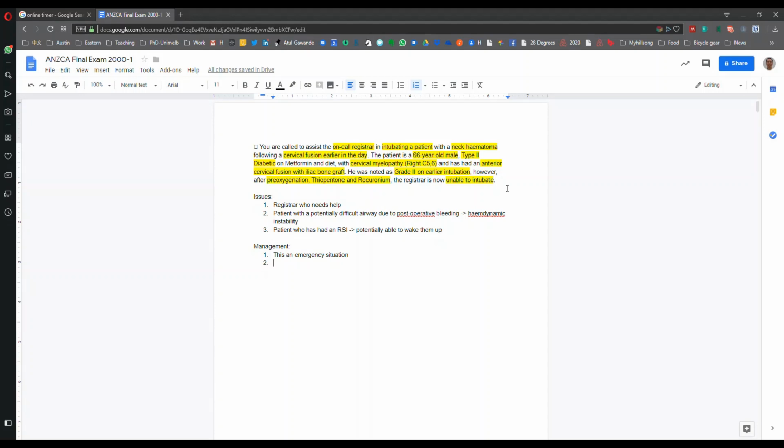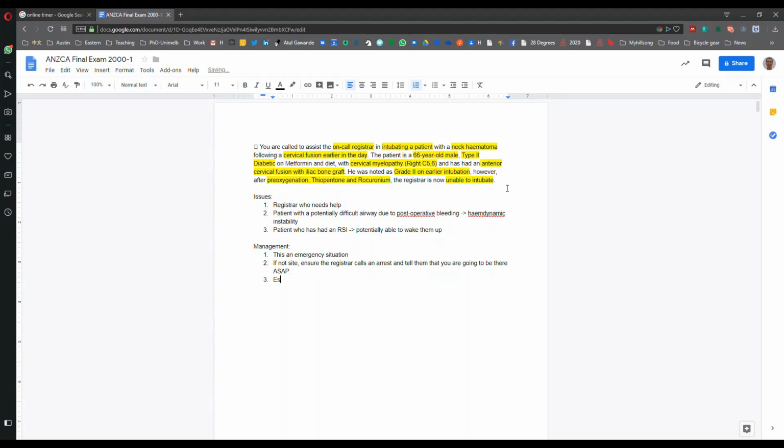The second thing is, if not on site, ensure the registrar calls an arrest and tell them that you are going to be there ASAP, and you're already on your way to your car.